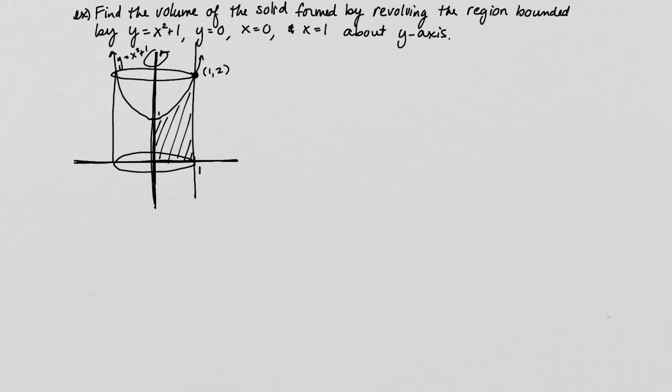Okay, so it is the washer method and it isn't the washer method. For this one, we actually have to use both the disc method and the washer method. The reason is that if I'm up here in this area, it's definitely a washer, because there's a hole.